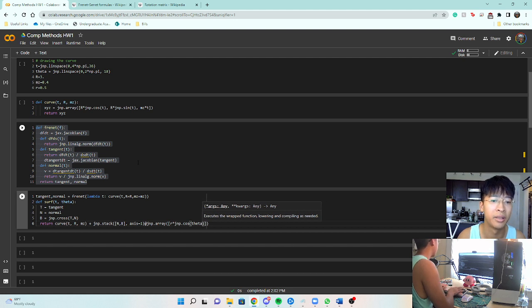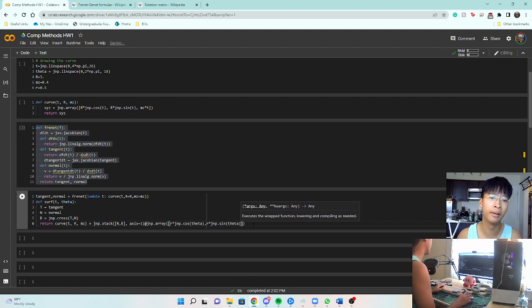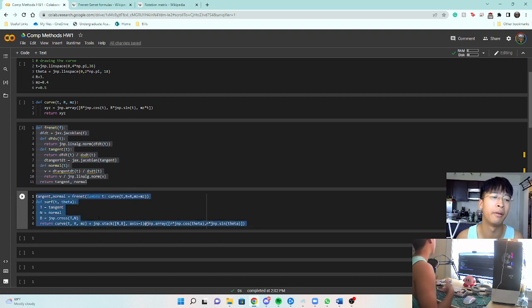I think it's just theta, actually. I'm pretty sure it's just theta. And same thing, but with sine: jnp.sin of theta. Okay, with that completed, we now have our function, which plots a perpendicular circle along our helical curve. In other words, our surface function.